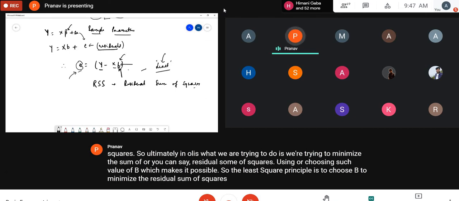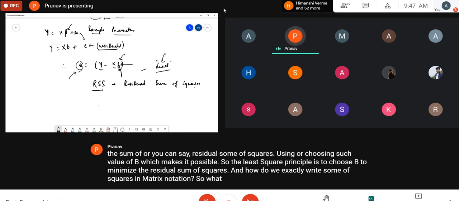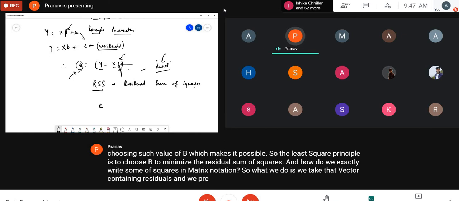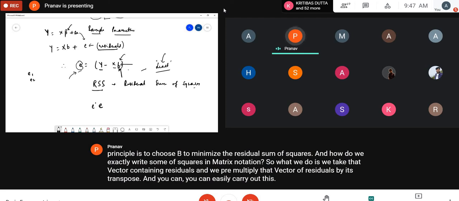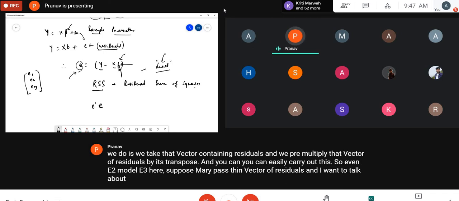And how do we exactly write the sum of squares in matrix notation? What we do is we take that vector containing residuals and pre-multiply it by its transpose. Say these are E1, E2, E3. Suppose I have a vector of 3 residuals and I want the summation of Ei square, so E1 square plus E2 square plus E3 square.